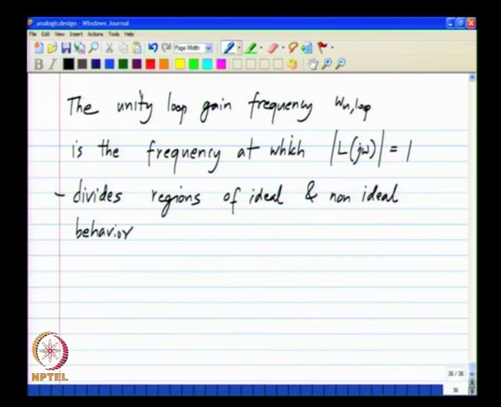This is simply because it divides regions where there is strong feedback and where there is no feedback or weak feedback.